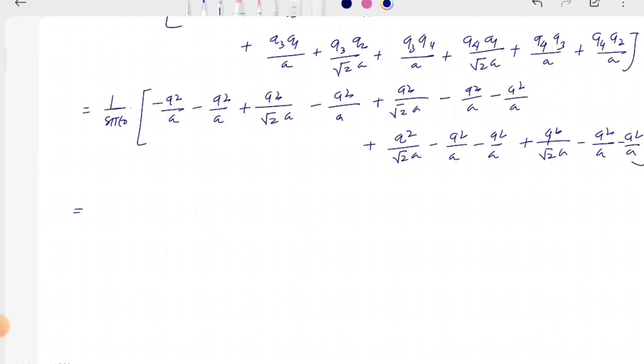So that is equal to 1 by 8 pi epsilon naught, minus 8 Q square upon A plus 4 Q square upon root 2A.